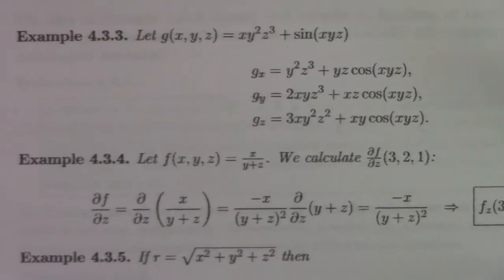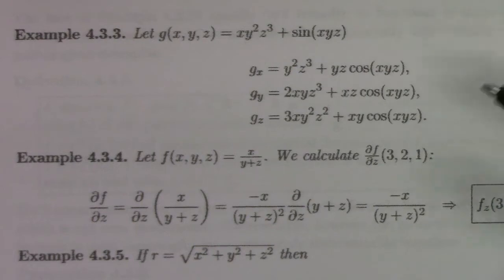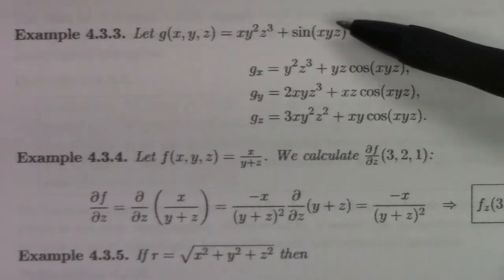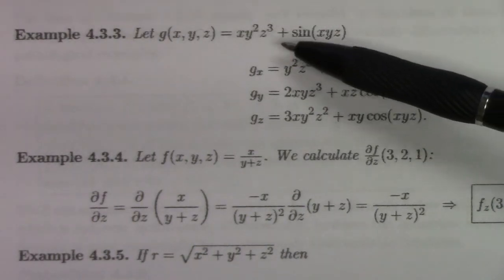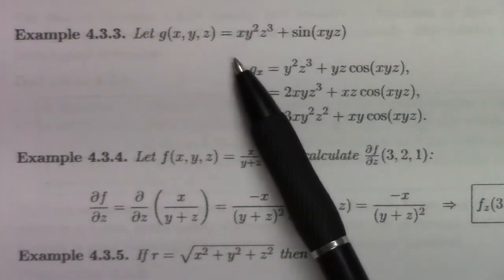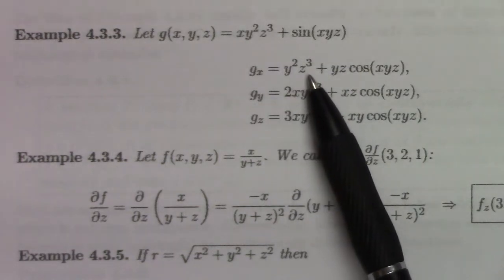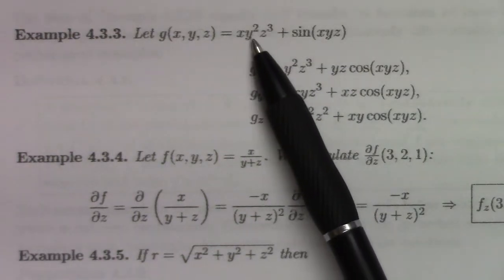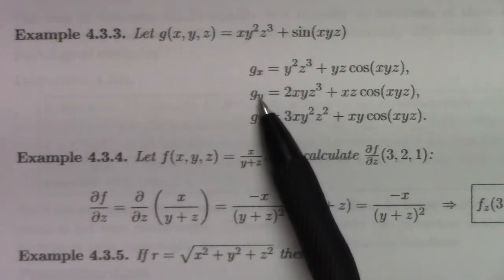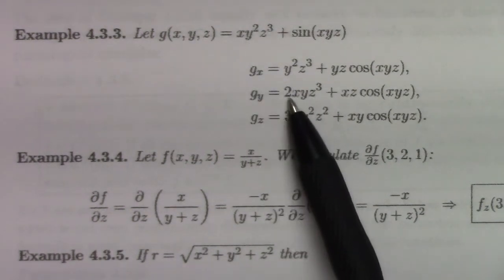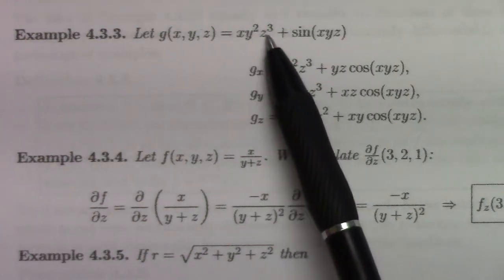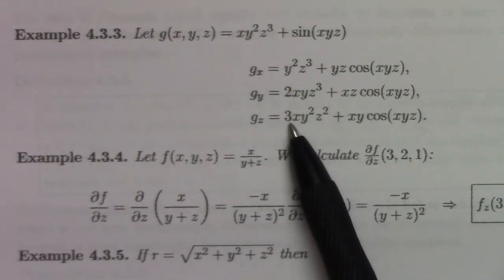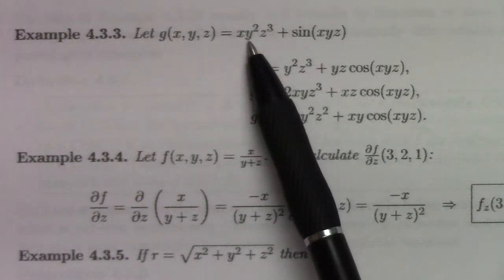So the derivative of xy squared z cubed plus sine of xyz. So differentiate with respect to x, it just kills the x and leaves y squared z cubed, right? That first term. When we differentiate with respect to y, we get the 2y, but the x remains, right? When you differentiate with respect to z, you get the 3z squared, and the xy squared stays.